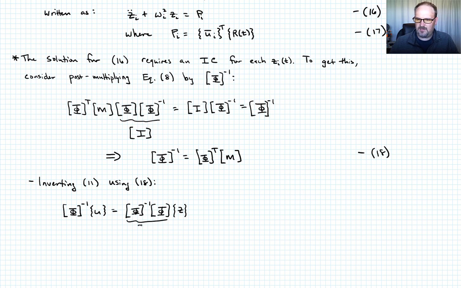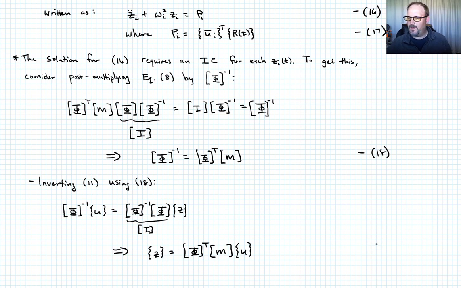That's the identity matrix. And I substitute 18 into here, and I end up with the following. I can say that z is equal to phi transpose times m times u. Okay? Let's call that equation 19.